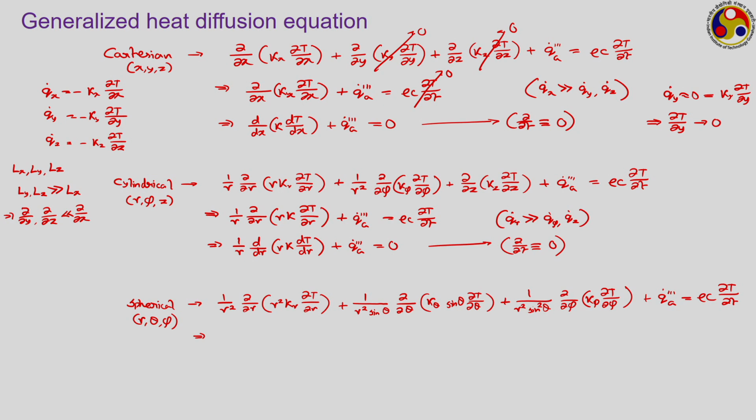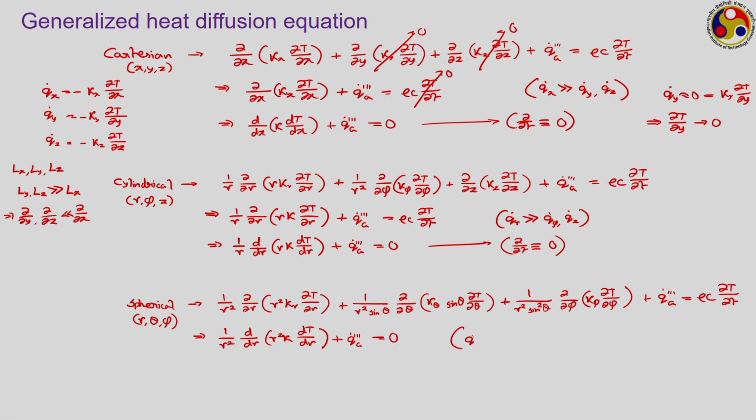So, if I directly write the expression for spherical coordinate system, heat conduction only in the radial direction and under steady state, then this equation becomes 1 by r square d/dr of (r square k dT/dr) plus q_0 triple prime is equal to 0.